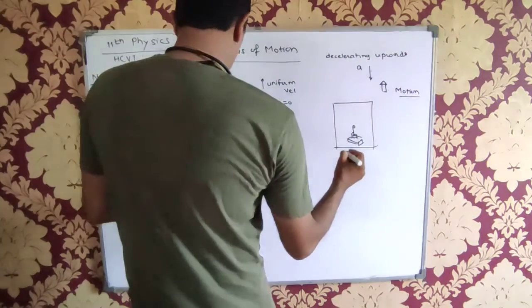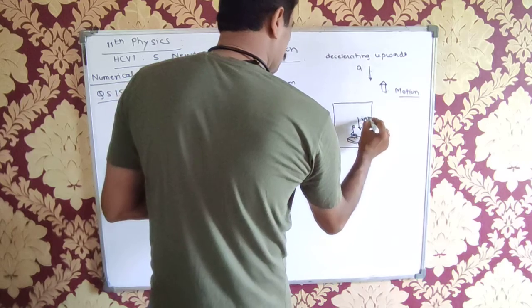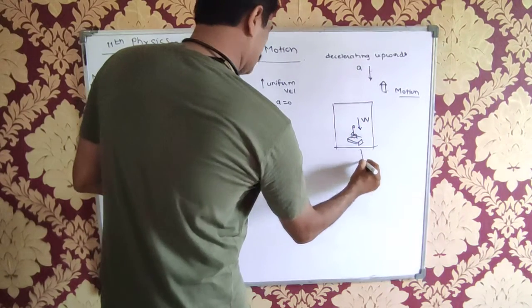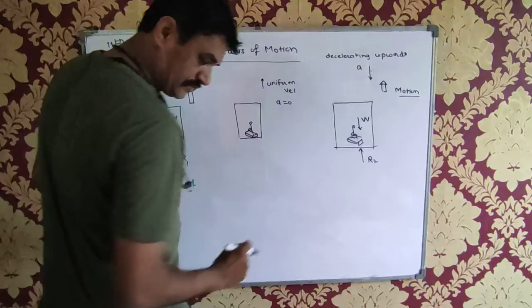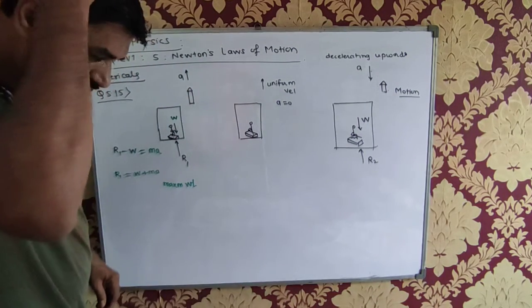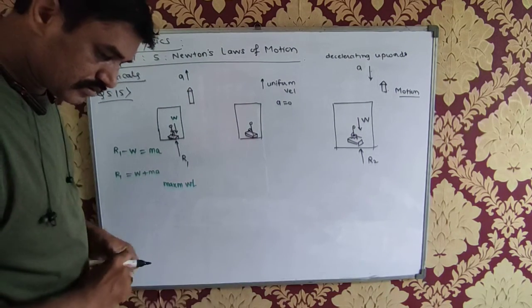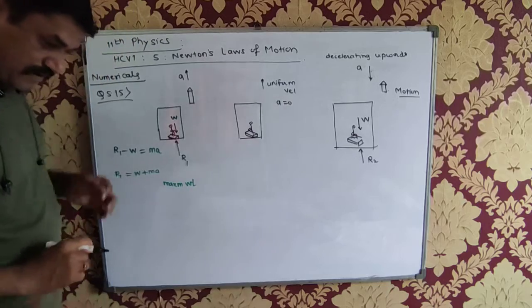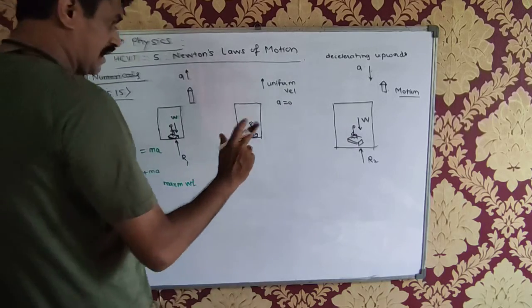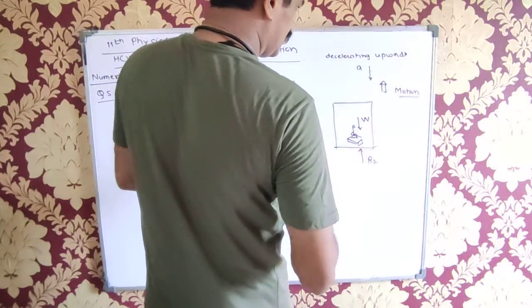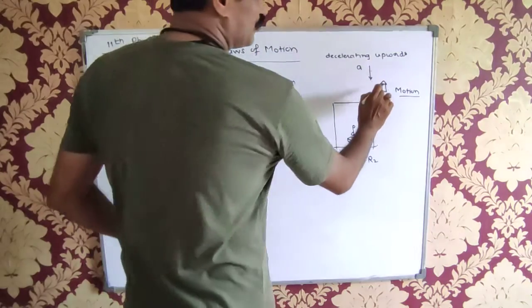Now, in this case also, if I draw, this is the weight W, and this is the normal reaction. I'll call this R2. And which of the two is winning? Again, the motion is upwards.